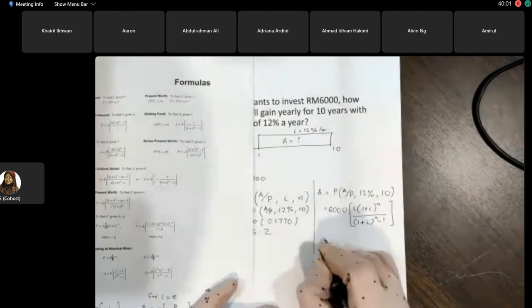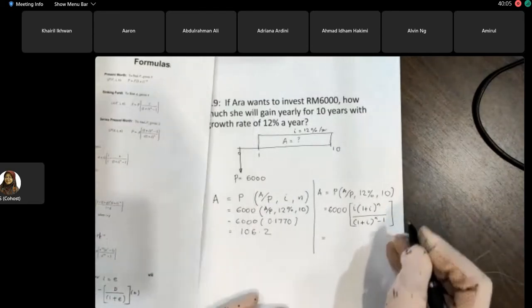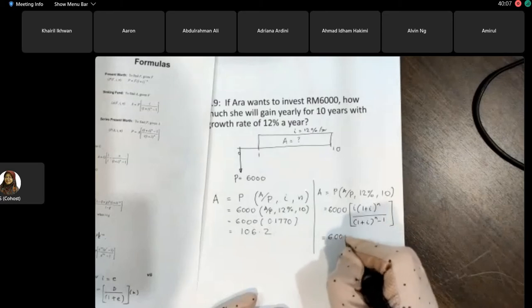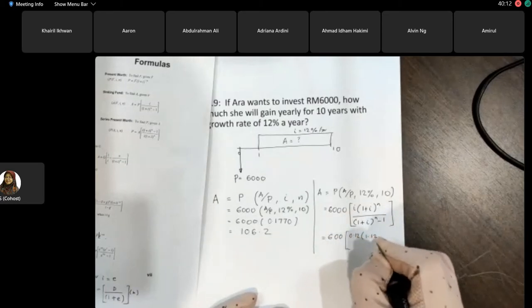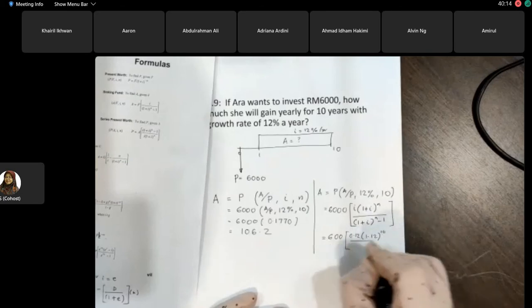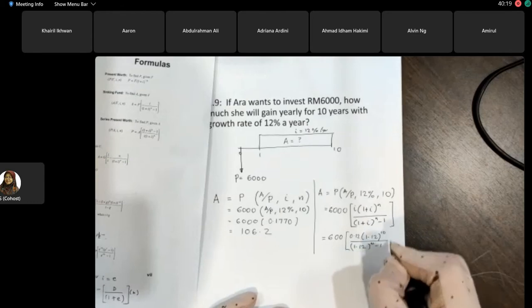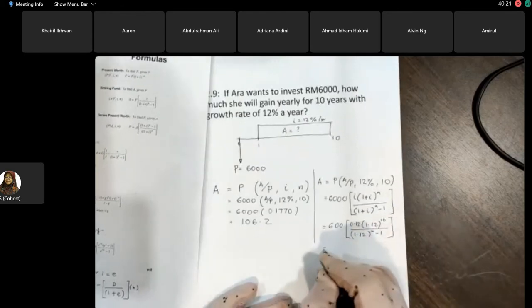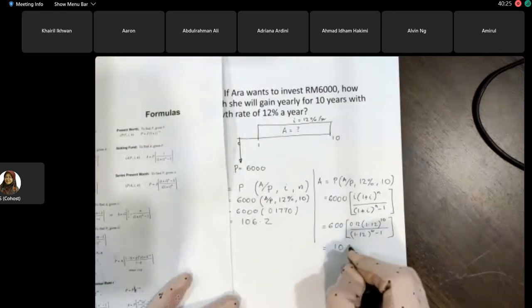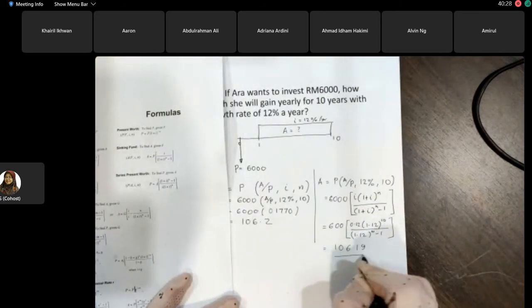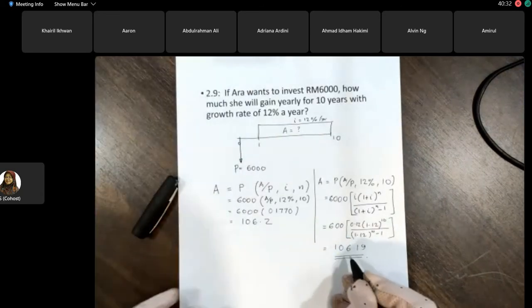So you will get 6,000 times 0.12 times 1.12 to the power of 10, over 1.12 to the power of 10 minus 1. Just calculate, and you will get 106.1.